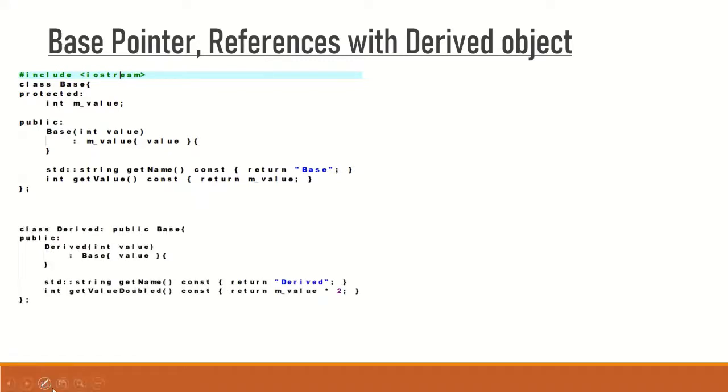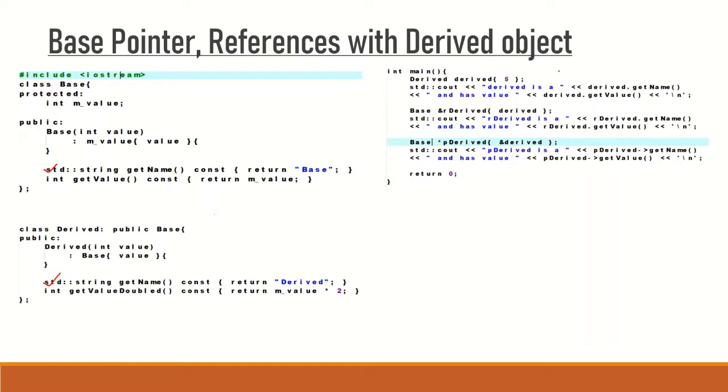In the last example we saw that the getName method is available in the base class as well as in the derived class. It is the same kind of example here also.